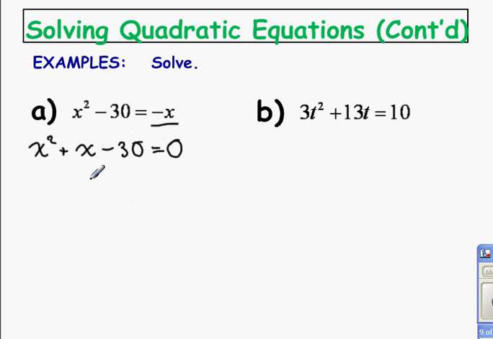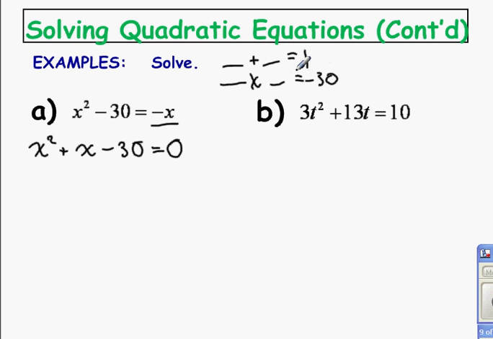Okay, so we have to factor this. It's a simple trinomial. We have to find two numbers that add to the middle term and multiply to the last term. So two numbers that add to 1 and multiply to negative 30. You can do that on the side, or you can do it in your head, if you're good at finding factors in your head.